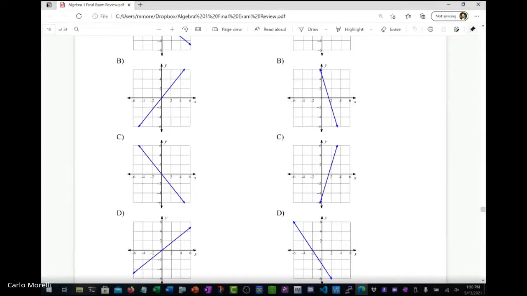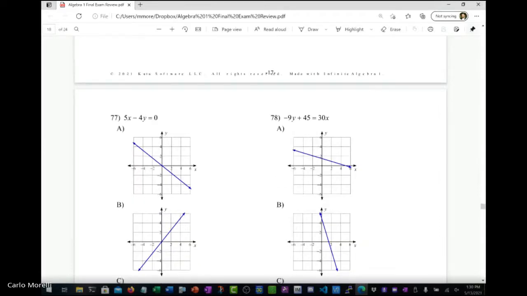Okay. And so final question, number 78. Since we did number 77 using the solve for y, put it in slope-intercept form and then graph, let's do this one by plugging in our zeros and solving for the y-intercept and the x-intercept. So 78, you have negative 9y plus 45 equals 30 times x.